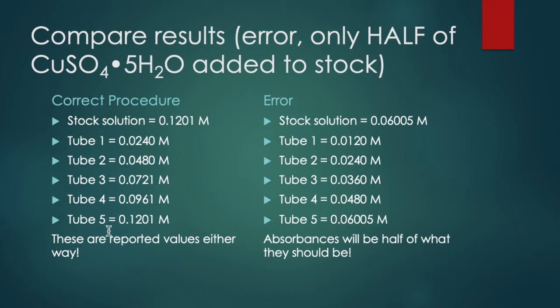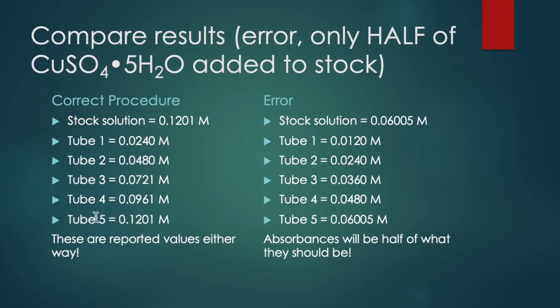And then the types of dilution I described earlier, 1 milliliter being diluted up to 5, 2 milliliters being diluted up to 5, 3 milliliters being diluted up to 5, and so on, would end up with these concentration values of copper ions in your different tubes.